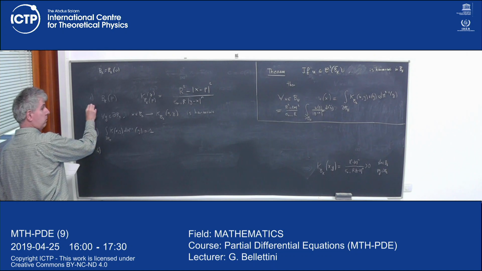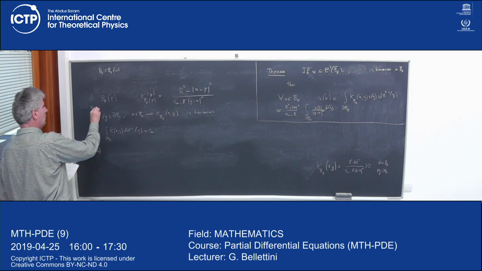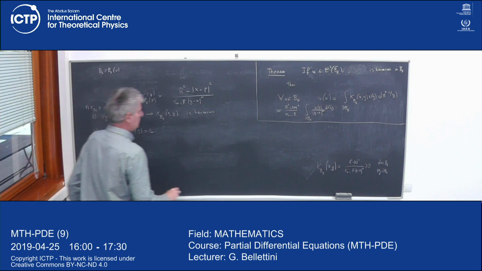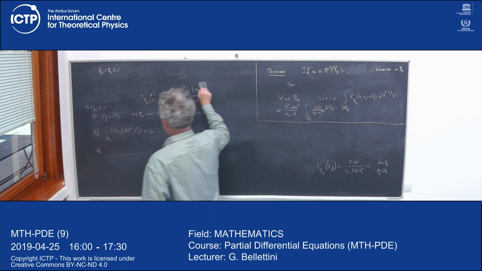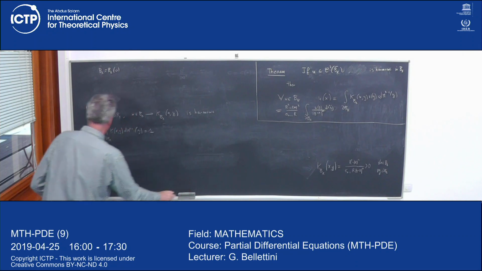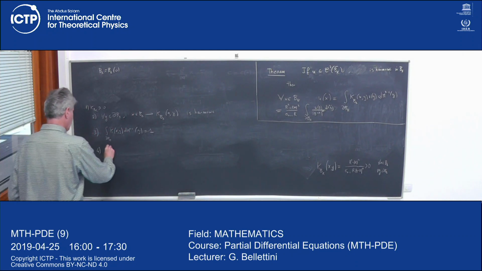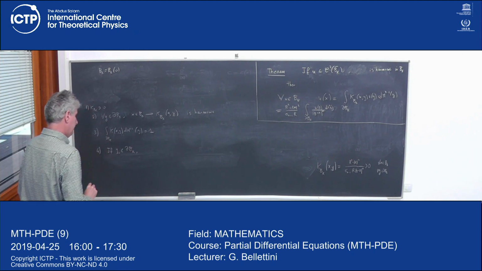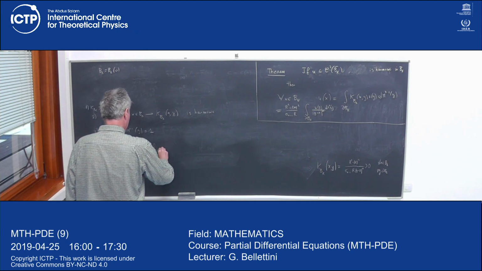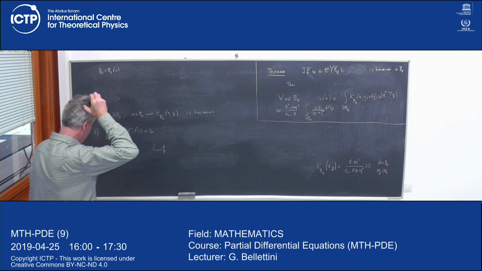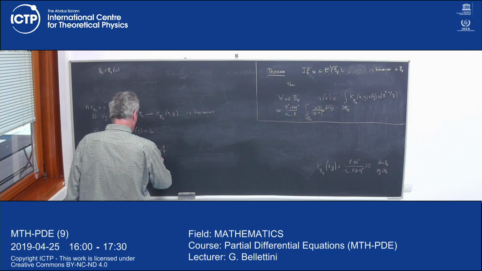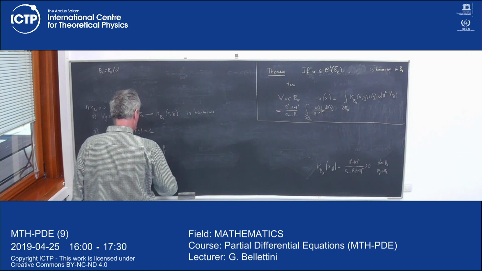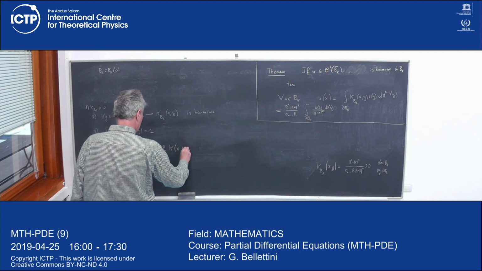And if y0 is on the boundary of BR, then the limit as x in BR, x converges to y0, of k x y0.